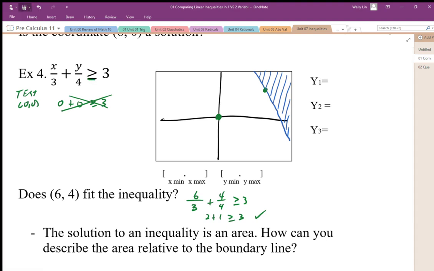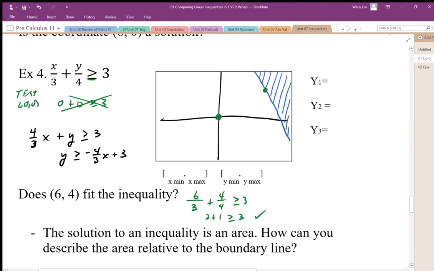So we can always graph this in our y equals form as well, and we should make sure that we're able to convert this into y equals form. So I'm going to multiply everything by 4. So I get 4 over 3x plus y is greater than or equal to 3. Solving for y, I get negative 4 over 3x plus 3.